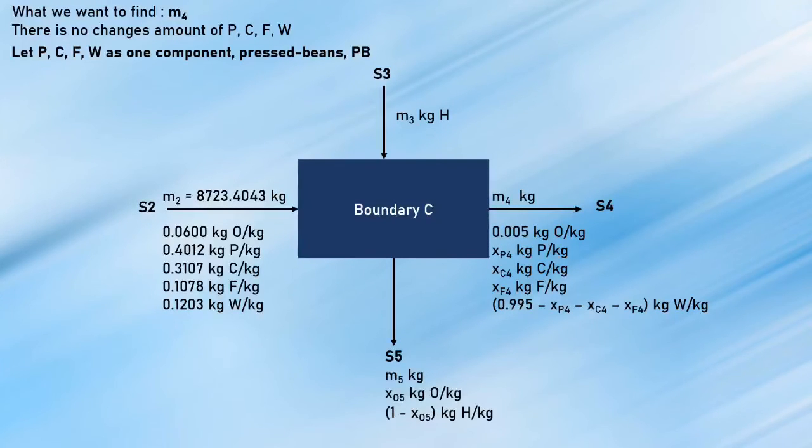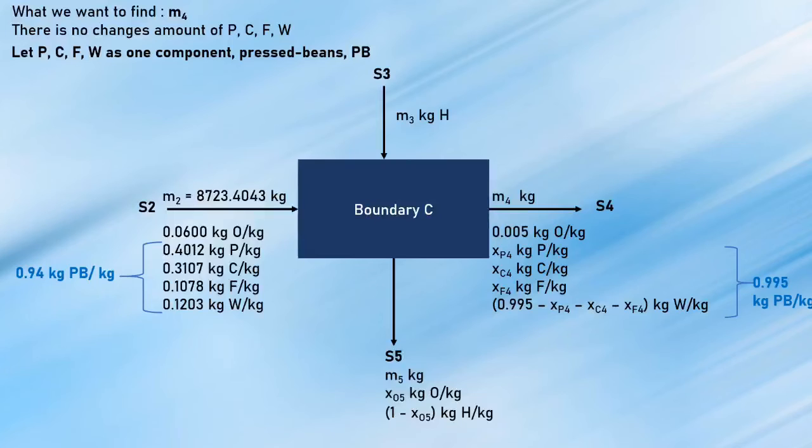Remember, what we want to find is M4. And one hint for us is there are no changes in the amount of PCFW. So the DOF analysis will be 0, so the question can be solved. By using the hint, we can assume PCFW as component PB like this. 0.94 and 0.995 PB are the sum of PCFW in the stream.